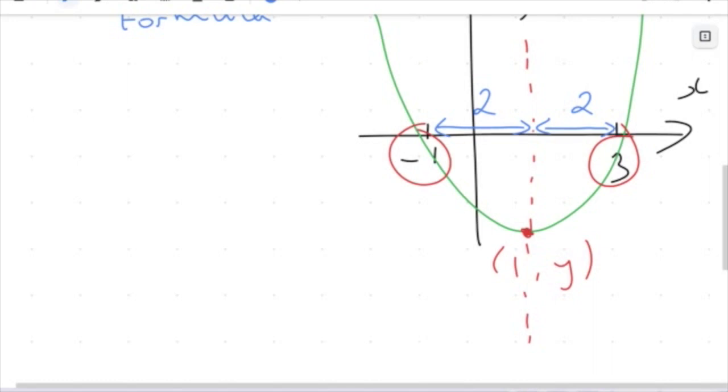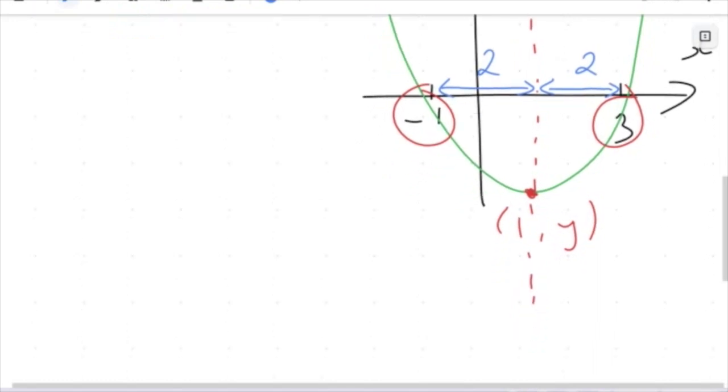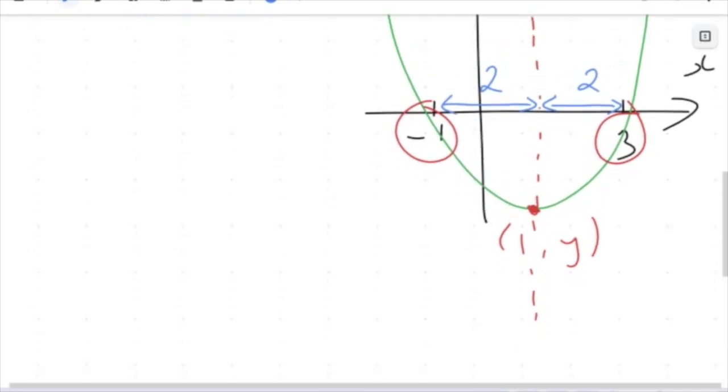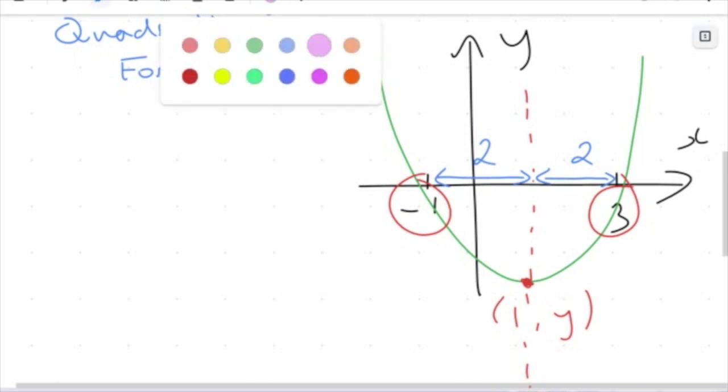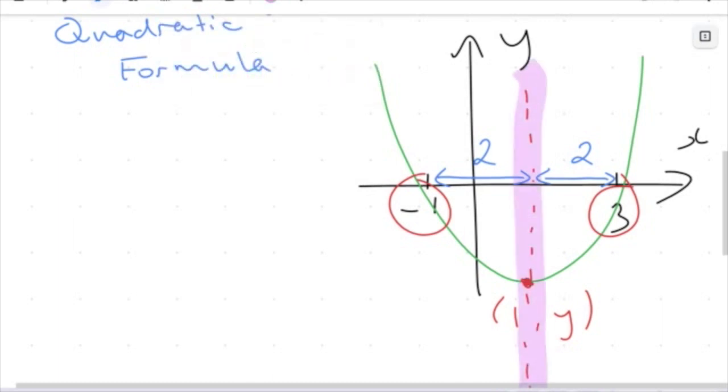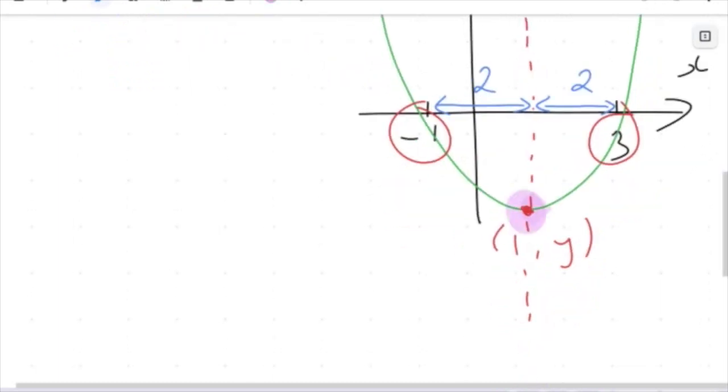So the axis of symmetry is right in the middle of my two x-intercepts. And what lies on this axis of symmetry here is my turning point at the minimum point here. So the x-coordinate of my turning point is going to be the middle of -1 and 3.